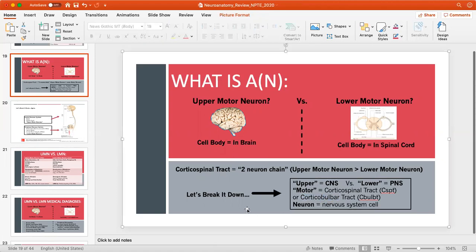It's going to have to do with the functions of the face, of the head, neck area, and so it's going to be a component of a cranial nerve, versus the corticospinal tract, which is going to be a spinal nerve in the periphery.